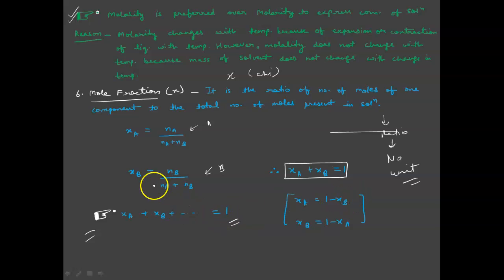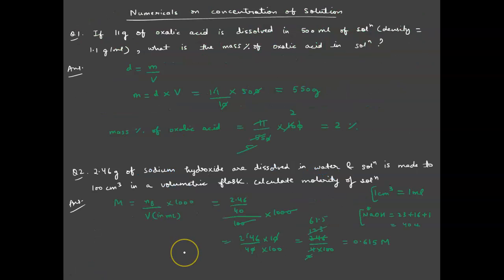You can also calculate this for binary solutions. Chi A plus chi B equal to 1. Chi A equal to 1 minus chi B, or chi B equal to 1 minus chi A. So you can calculate the mole fraction of any one component, and you can calculate the mole fraction of the other component. Now comes numericals on concentration of solution.